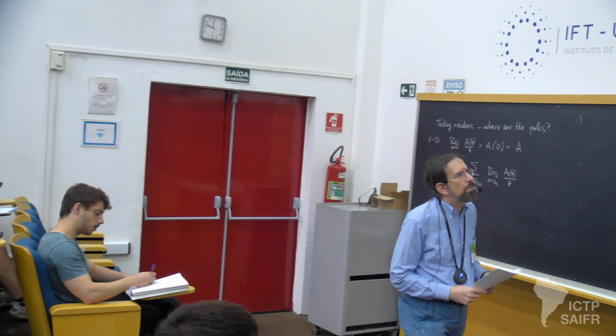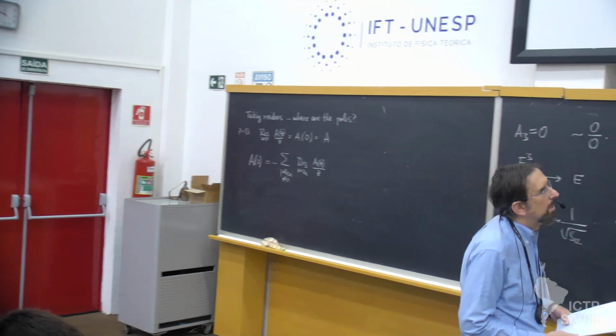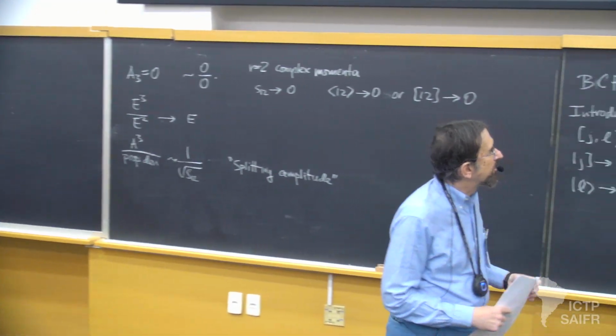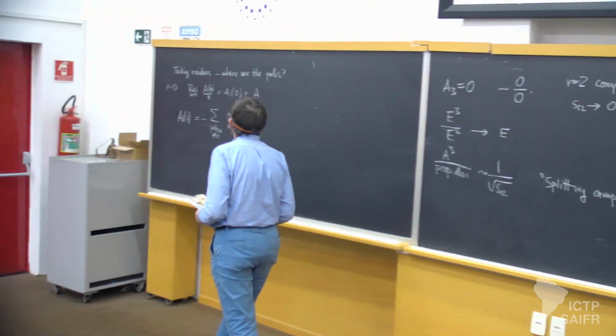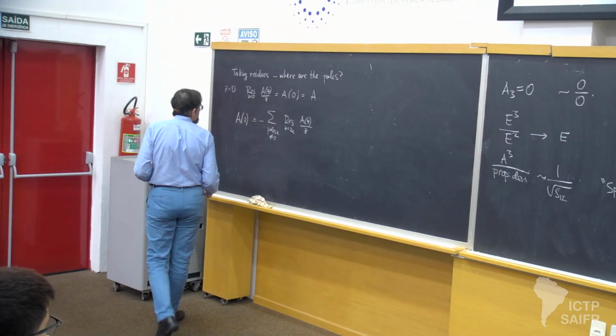So where do the other poles come from? And from the earlier introduction, you can guess that in fact the answer is factorization.